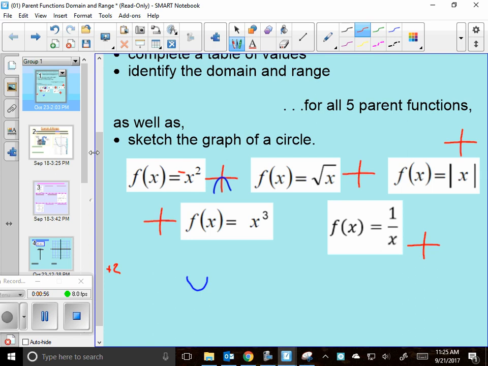You're like, but wait a minute, negative x squared would just be the same as x squared. No, because the negative in front of it isn't in the parentheses. The parentheses for an x squared are just the x. So that's flipped.